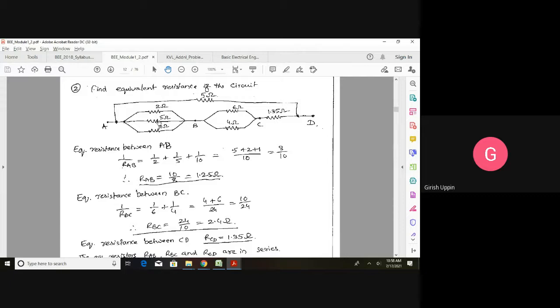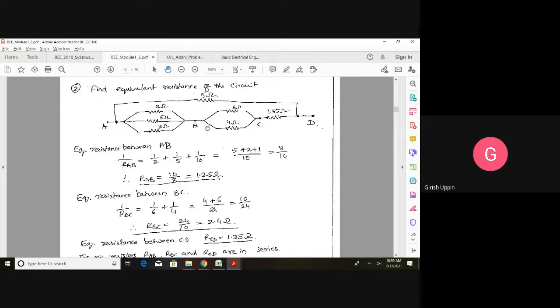Now you can see this equivalent resistance, this equivalent resistance, and this resistance, they are in parallel. So parallel means add this value plus this, that is RAB plus RBC plus 1.35. Then you have one more equivalent resistance that is connected in parallel with 5 ohm. So equivalent 1 by RP is equal to 1 by 5 plus 1 by this value.